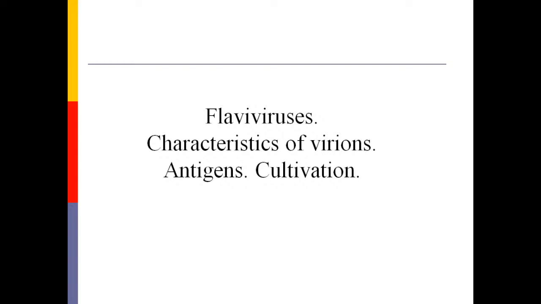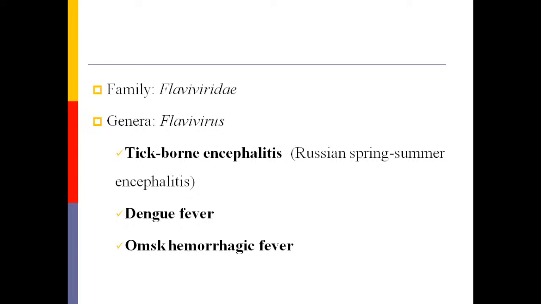The first group of viruses that we talk about here are flaviviruses. Flaviviruses belong to family Flaviviridae, genus Flavivirus, and cause such diseases as tick-borne encephalitis, another name for which is Russian spring-summer encephalitis.